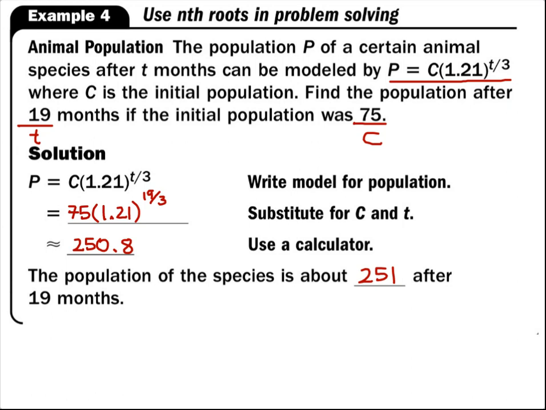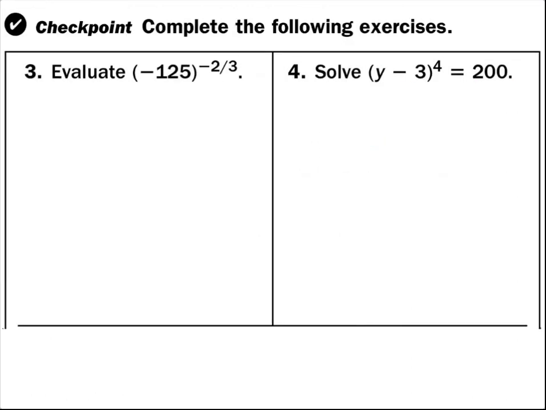So then we have a checkpoint. We've got 3 problems left. First of all, you have problem 3 here, which says evaluate negative 125 to the negative 2/3 power. So that means it's 1 over 125 to the 2/3 power, because remember, negative exponents mean denominator.